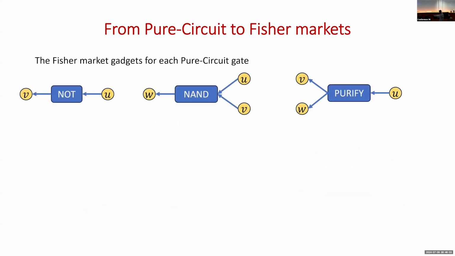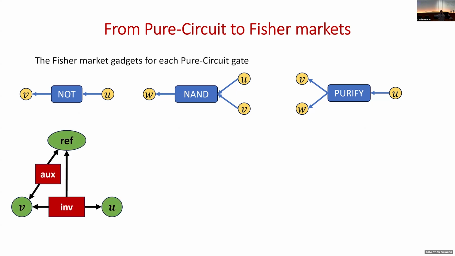Okay, so going from pure circuit to Fisher markets, we are creating gadgets that simulate the gates. This is how a node gadget looks, for example. We take each of the nodes of the circuit and make one good representing that node.